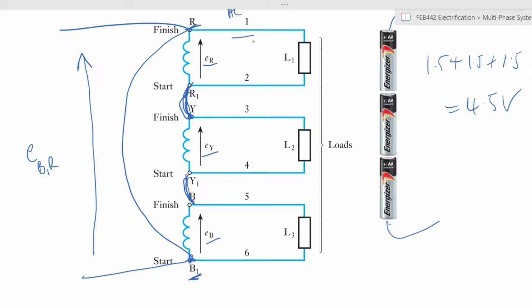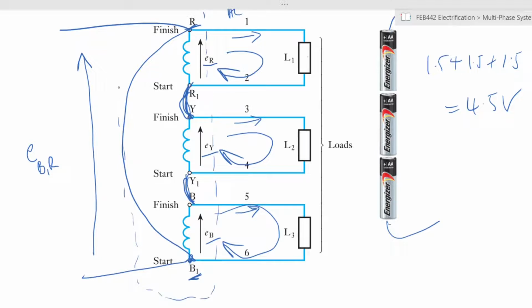You would still get voltage or current flow through your loads. These individual circuits are loops in themselves. Remember, to connect a load, you have 2 points: a source connected to a load. But if you connect all 3 of them internally in the windings, if you call this your generator, internally here you have no resultant electromotive force.